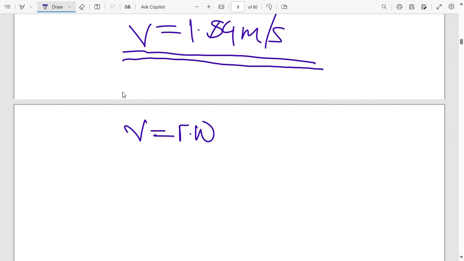So V, we found to be 1.84. So we're going to say W is equal to V over R. Is it true? Yes, it should be like that.